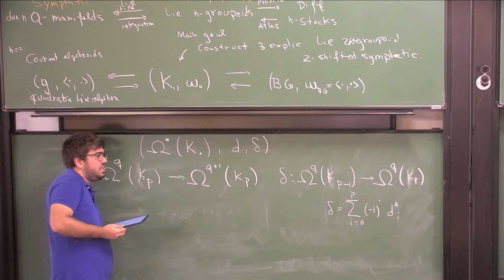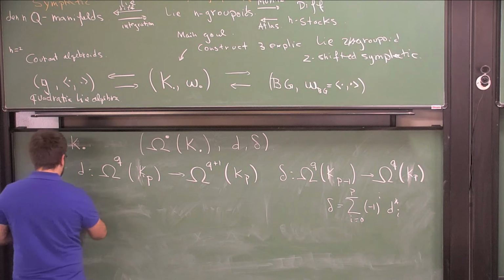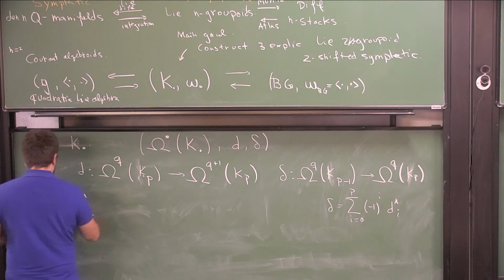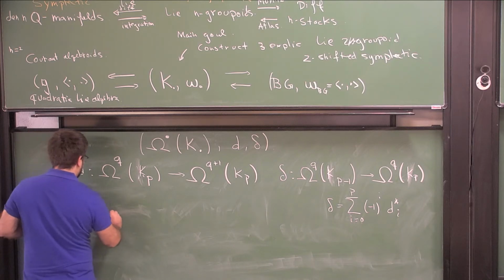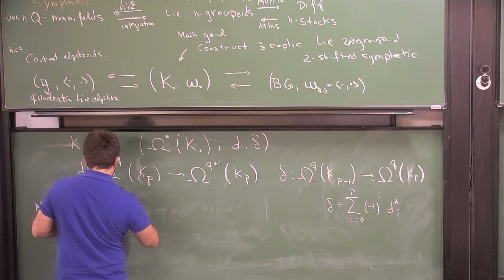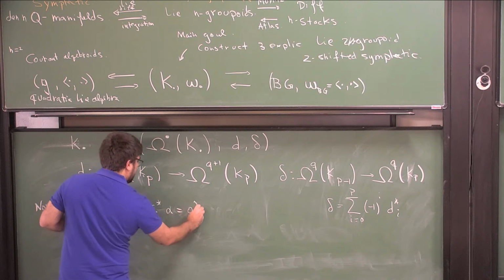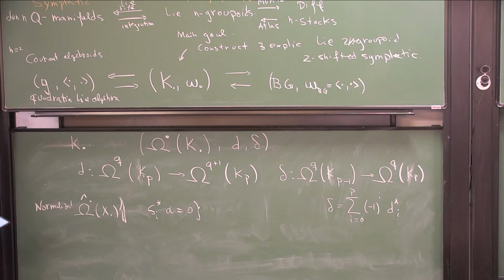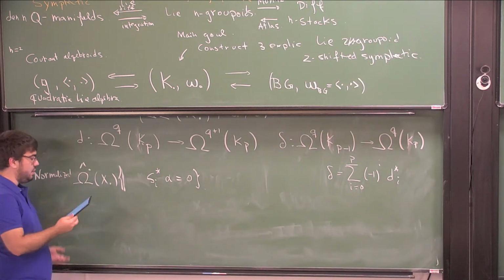So inside of this thing, I have the normalized subcomplex, that are just the ones that are annihilated by the degeneracies. And then I can define an m-shifted k-form.